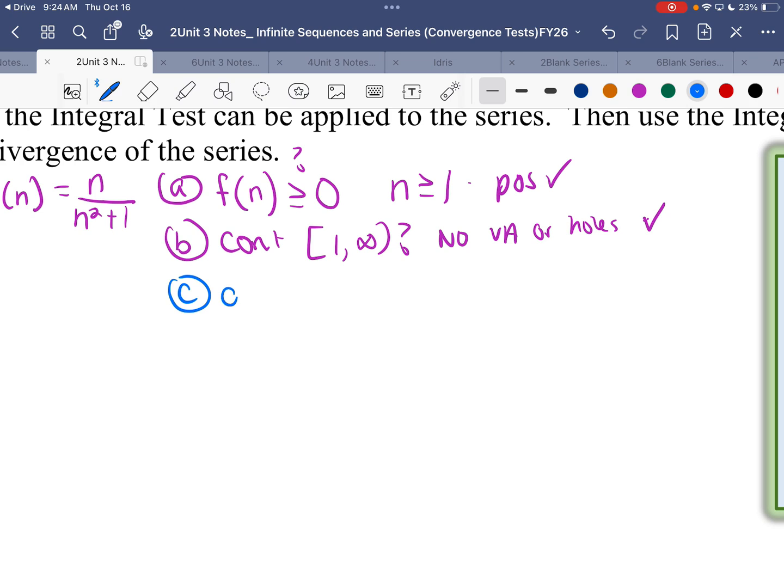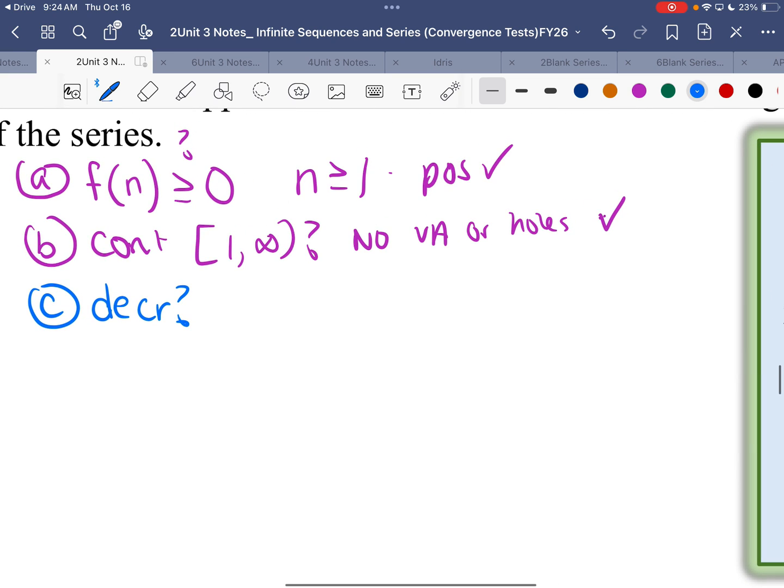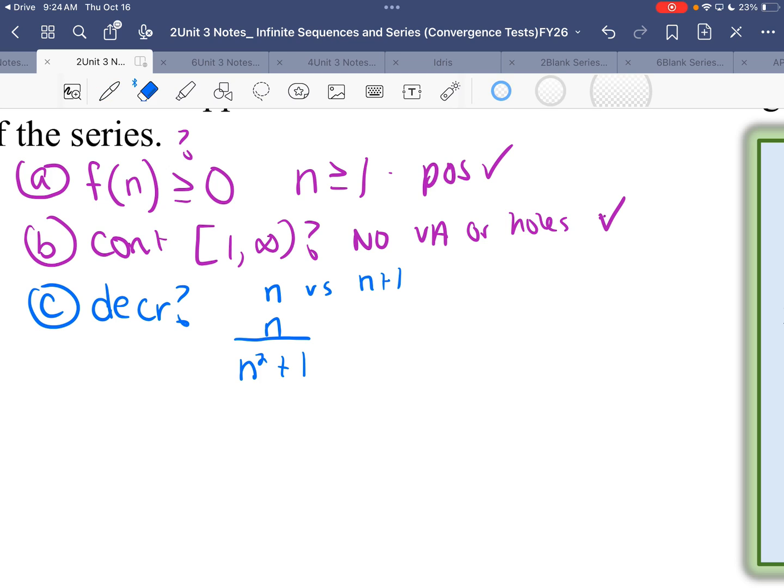We're checking decreasing. I like to do a quick check for decreasing. The more thorough way to do it is taking the derivative. But the quick check would be comparing n versus one further into the series. n over n squared plus 1, seeing if that is greater than or equal to the next term, with a question mark.